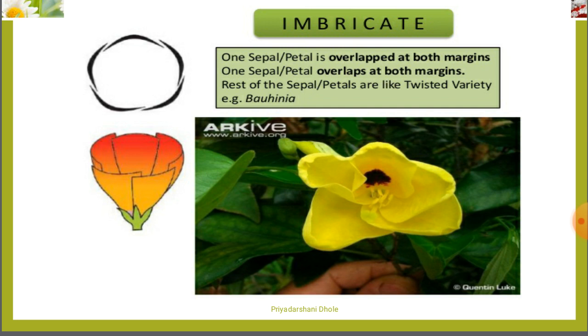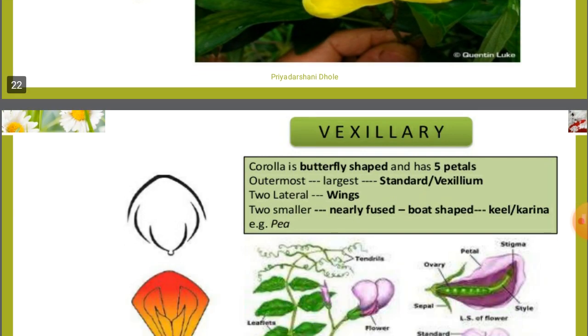Example is Bauhinia. This is imbricate aestivation. You can see this black color diagram, so you can easily understand imbricate aestivation.